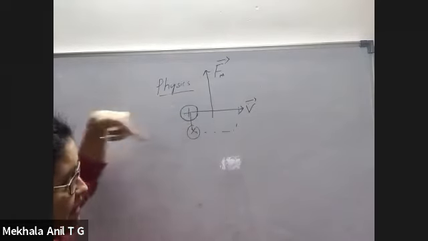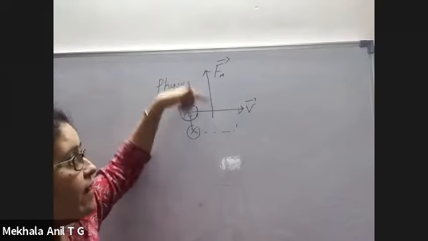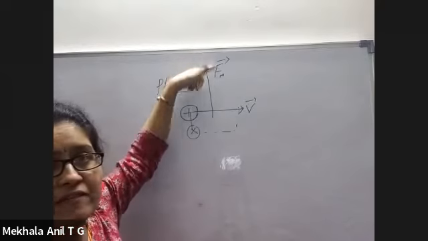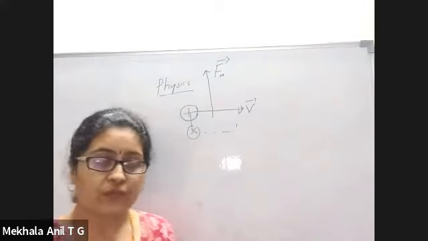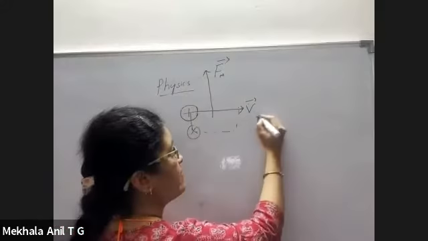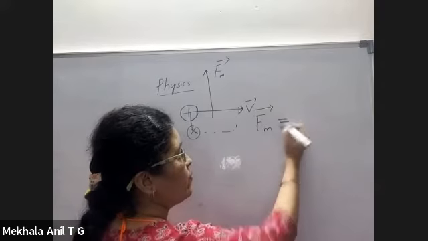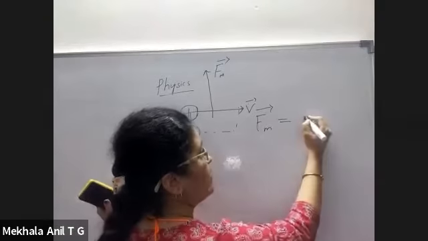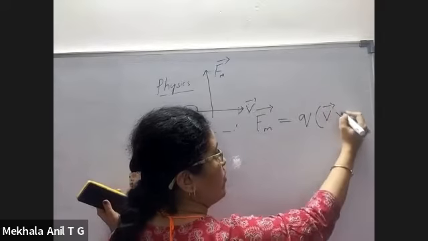Perpendicular to the plane containing this V and B will be the magnetic force acting on it. So what will be the mathematical equation for this? This is given by the Lorentz force Fm, which is Q into V cross B.